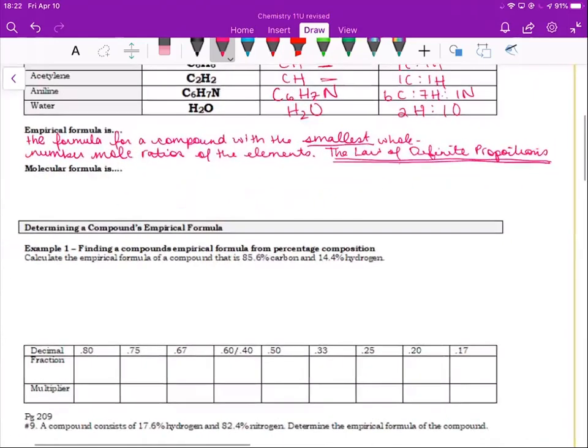So the molecular formula is really what is more important to us because it's able to tell us the actual identity, whether it's benzene or whether it's acetylene.